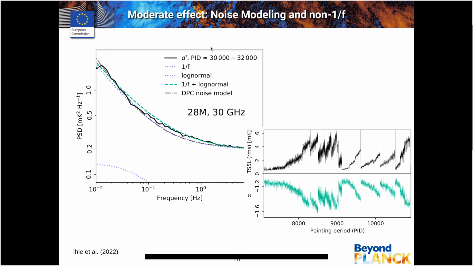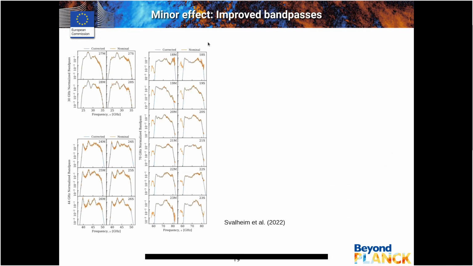I also mentioned that we were previously using noisy bandpass measurements. So you can see here that the original bandpass curves that were used in the Planck DPC analysis are these orange curves, which have sort of noisy features at one end and this sort of weird overhanging bit on the left end of some of the bandpasses. And those were known to be errors from the measurement, not physical effects of the bandpass.